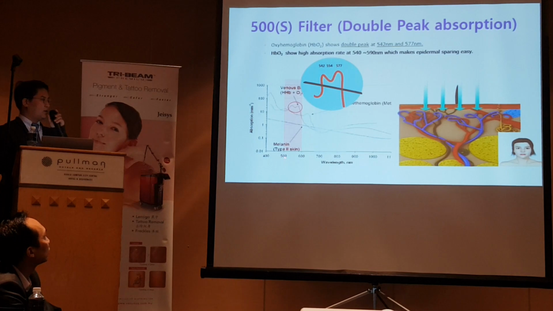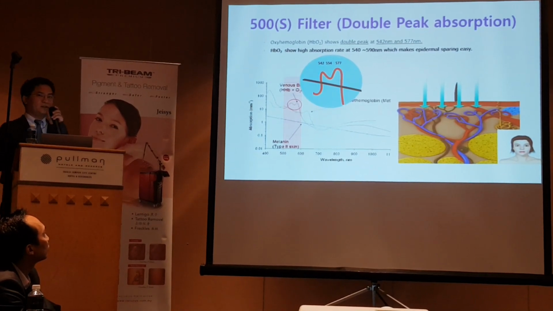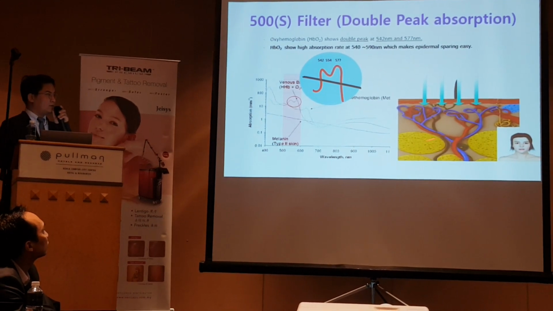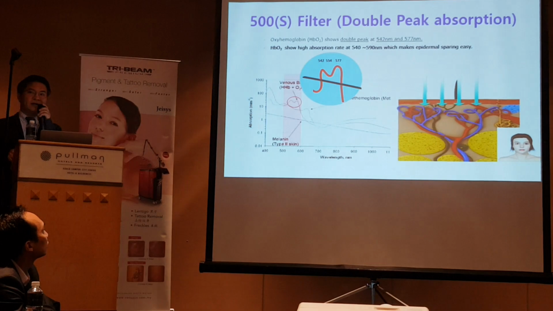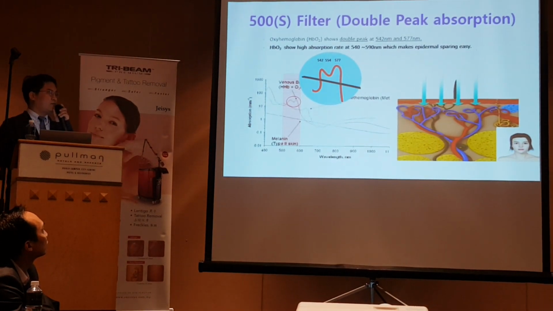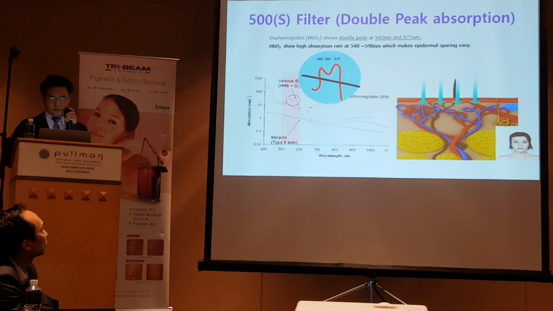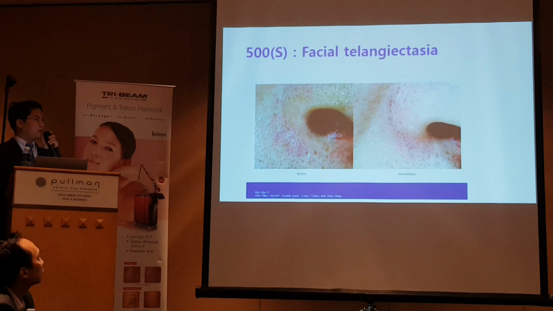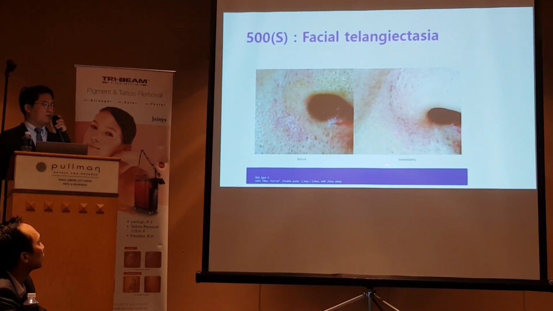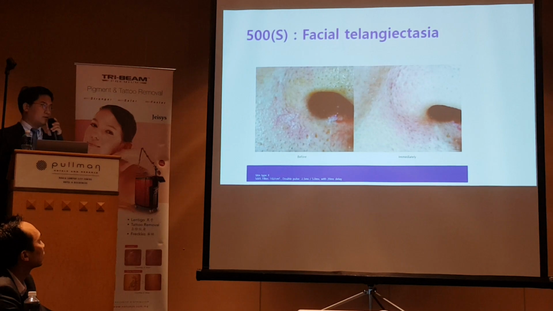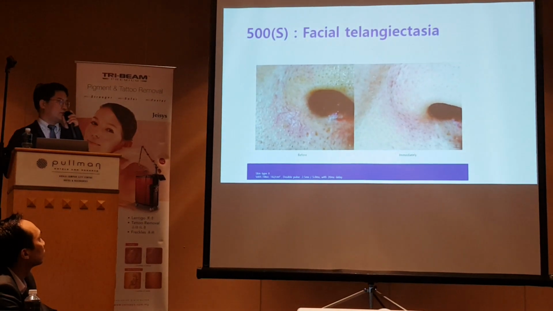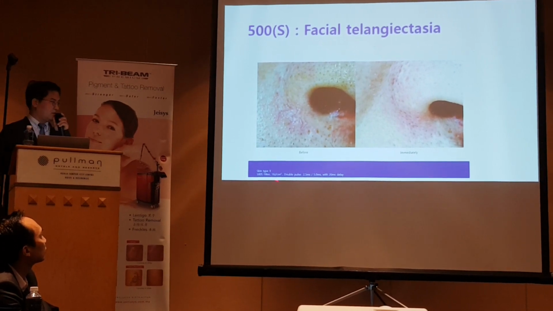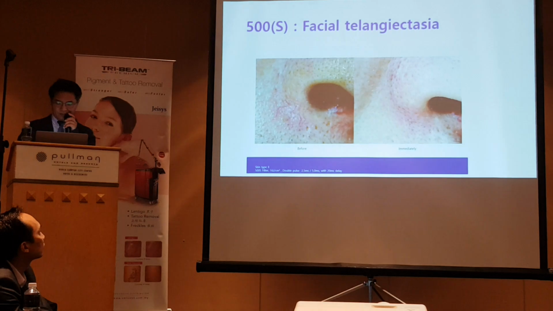The wavelength of 500 to 600 is for superficial vessels and bright skin, skin type 2. Before and immediately after, facial telangiectasia is removed. We used a double pulse and a fluence of 16 joules.